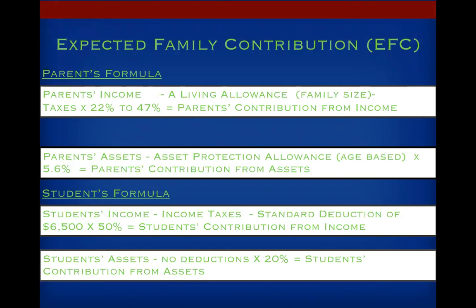The $80,000 remaining will be assessed at a rate of 5.6%, which means essentially that if $100,000 was in the parent section, you are looking at paying less than $5,000 towards the cost of college. If that same amount was in the student section, as in the student had $100,000, you'd be looking at paying a minimum of $20,000. This is why when everyone talks about not having assets in the student's name, it is a valid point, not all the time, but most of the time.